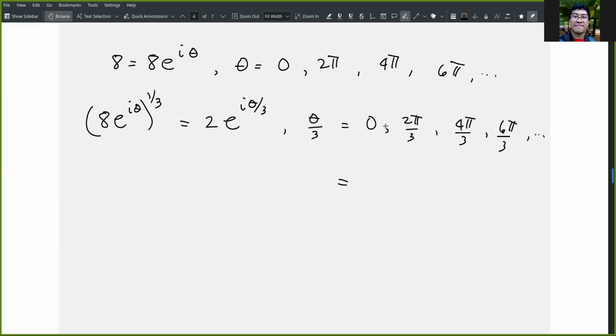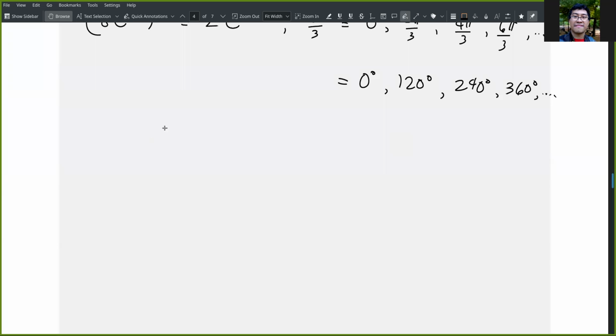Or in terms of degrees, you have 0 degrees, 120 degrees, 240 degrees, goes back to 360 degrees, and so on. But after 360 degrees, that's just equal to 0. You just continue adding up 120 degrees. So on the xy complex plane, suppose this is 1 and this is 2.